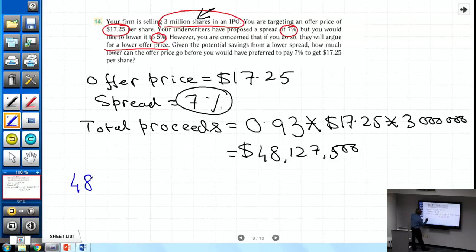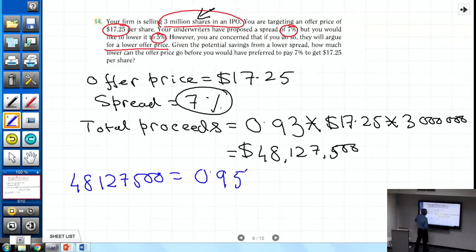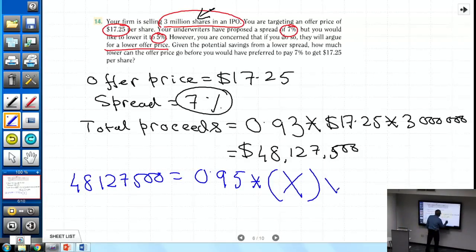Now you want to be indifferent to the second offer. That means you still want to raise $48,127,500, but now this will be based on a 5% spread. So that means you are keeping 95%. What you do not know is what the share price will be. Let's call that X. X is the share price at which you will have to offer the shares in order to still raise $48,127,500, and you are still planning to sell 3 million shares.